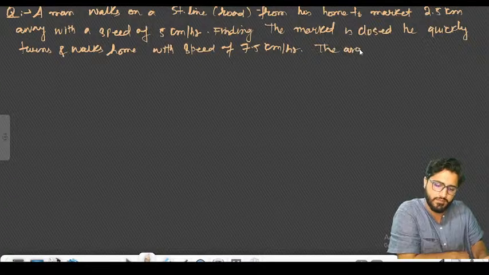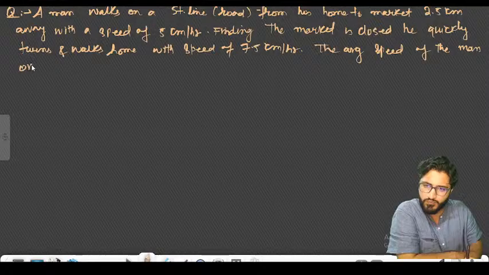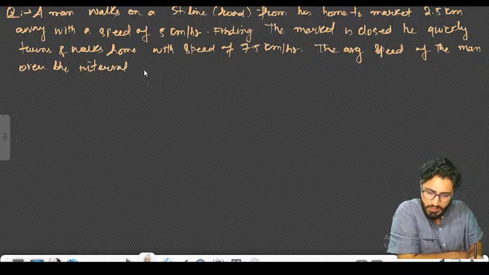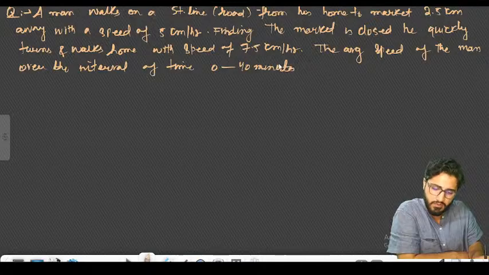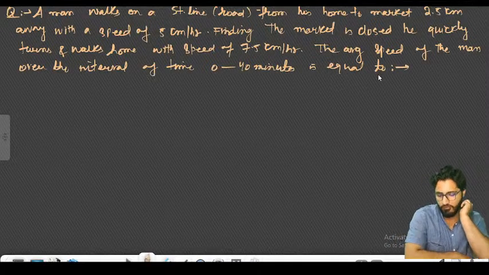The average speed of the man over the interval of time 0 to 40 minutes is equal to. This thing we need to find out.